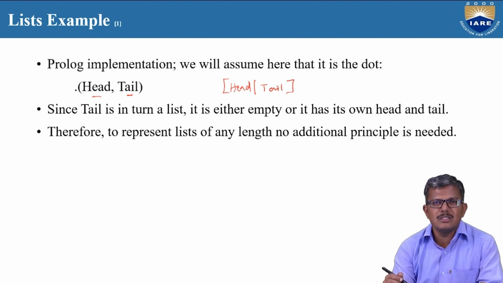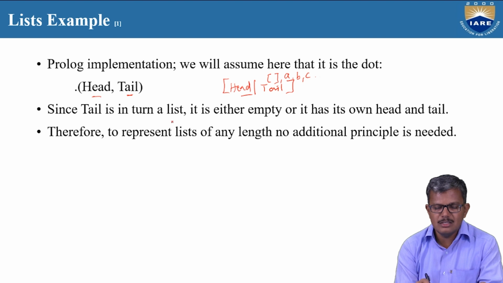How many elements there are, we least bother. Only the first element is considered the head, and all the remaining elements form the tail. Sometimes this can even be empty, sometimes there can be only one element, sometimes more than one element. But we least bother about what is in the other portion; we consider it the tail part. The first element is considered the head part.